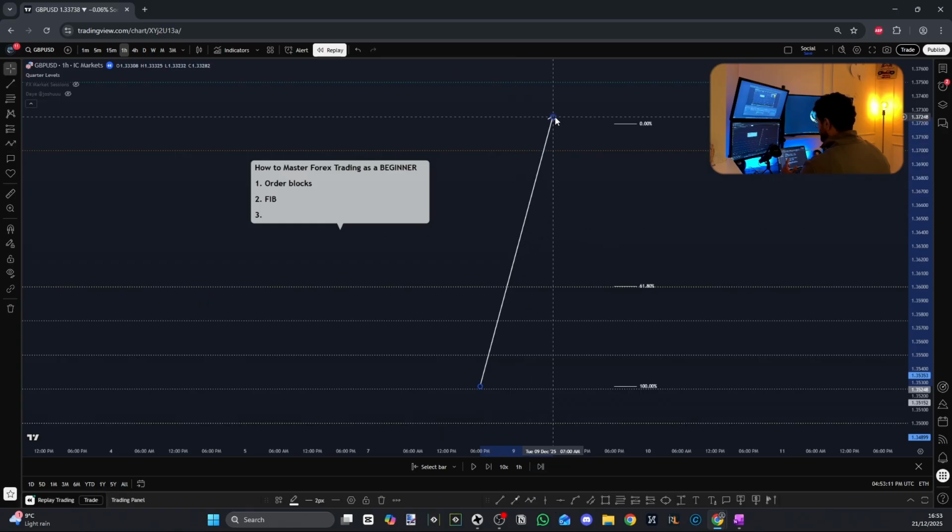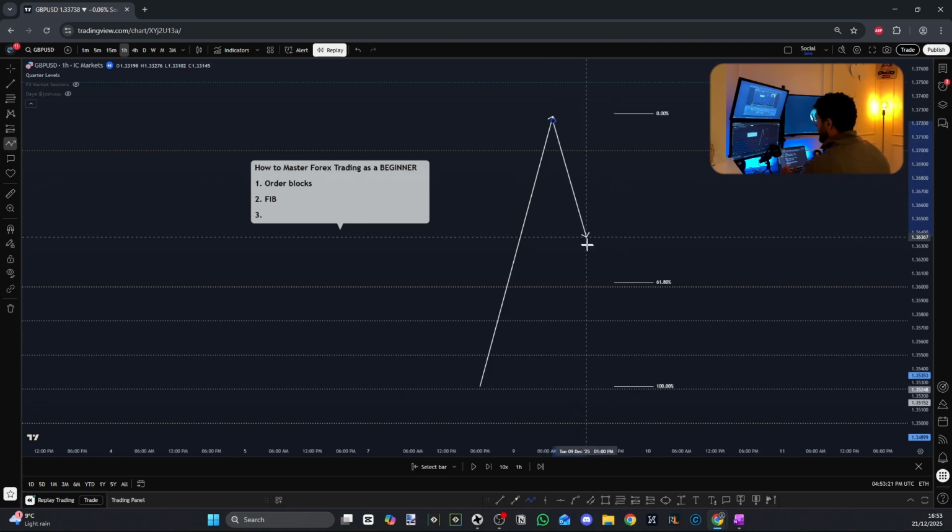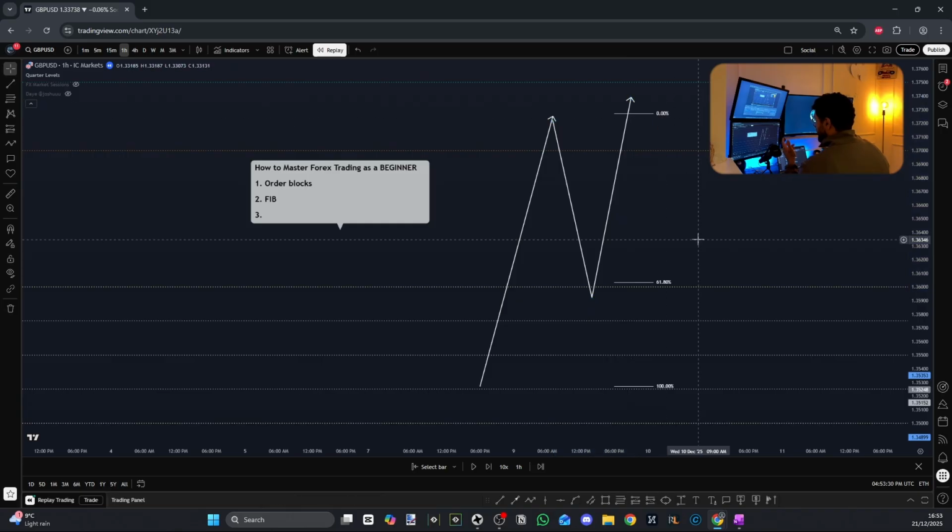We mark our Fibonacci from the low to the high of that bullish leg, and then we'd expect price to come trade down into the Fibonacci golden ratio of 61.8% and then continue trading towards the upside. And then the same goes on the flip side for a bearish market as well. And that's the Fibonacci retracement.